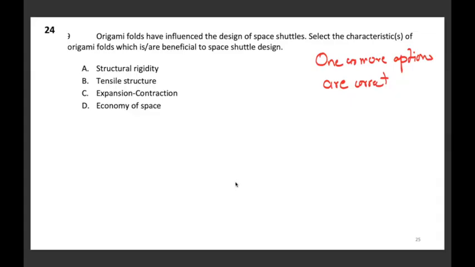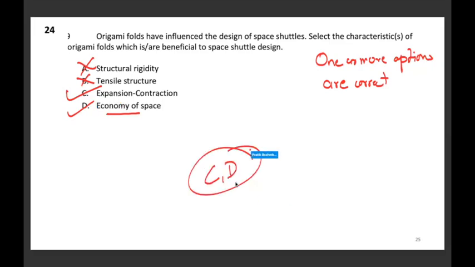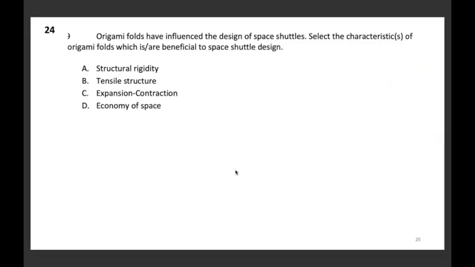No, origami folds do not have structural rigidity. Tensile structure, no. Expansion and contraction, yes. That's one of the characteristics why origami folds are used, so that you utilize the space very correctly, appropriately, or in a more economical way. And also that comes with economy of space, which is also the correct answer. So both C and D are correct here. Okay, we'll move to the next one.